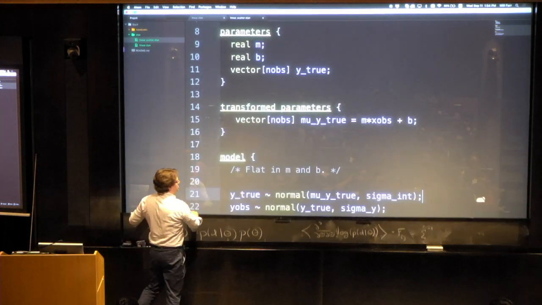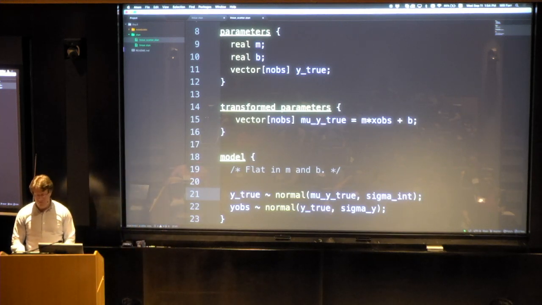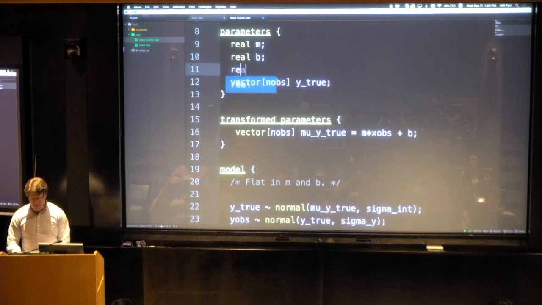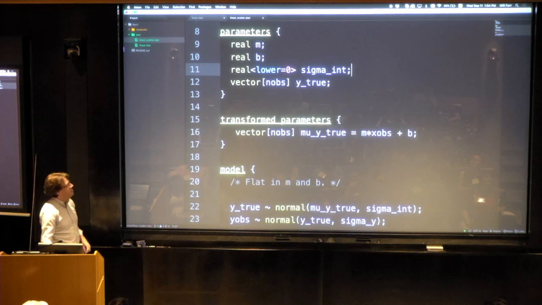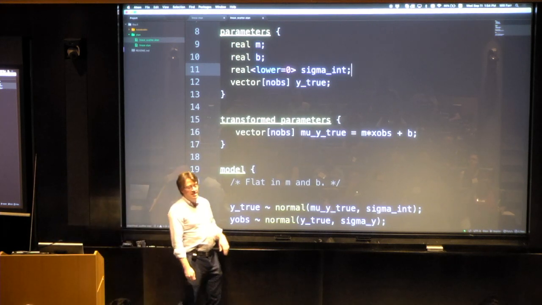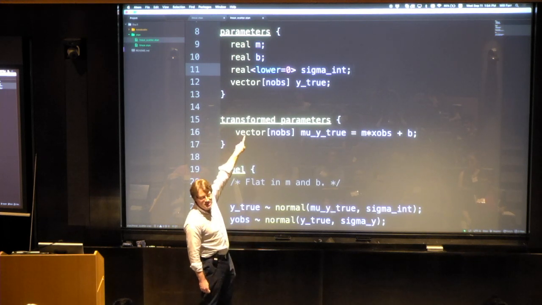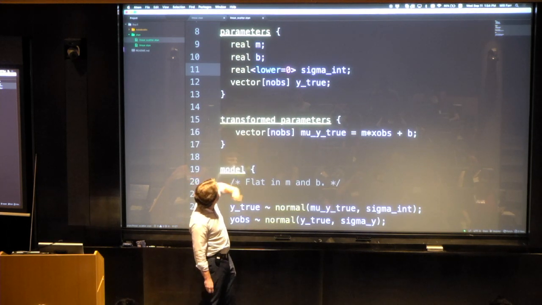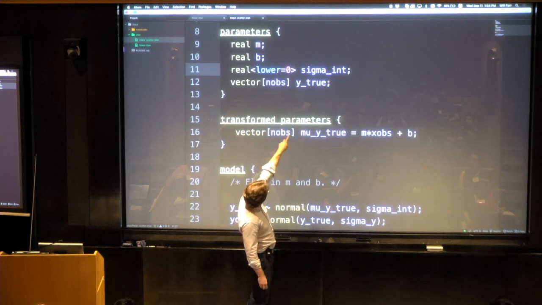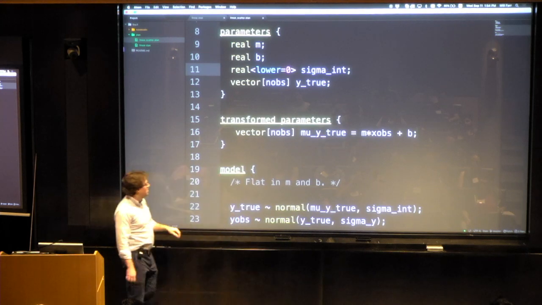Thank you. Right, that's what I wrote down before. And we have one more parameter. So I'm just casually demonstrating features of Stan to you. Things like standard deviations are always positive, right? They can't go less than 0. So we put a constraint. Sigma is a real number with a lower limit of 0. That's the intrinsic scatter. There's n obs worth of yTrues. This is now the mean value of yTrue. Okay.